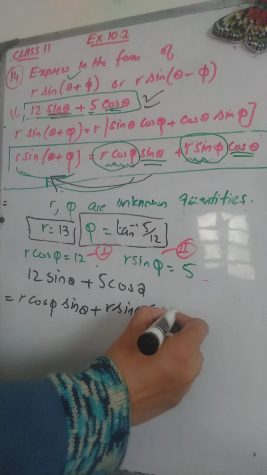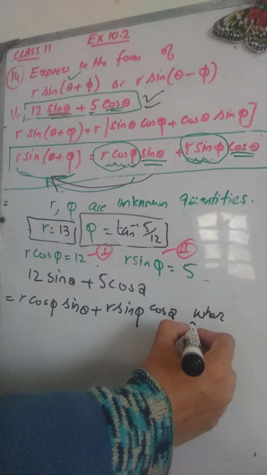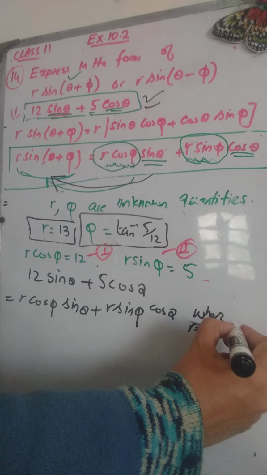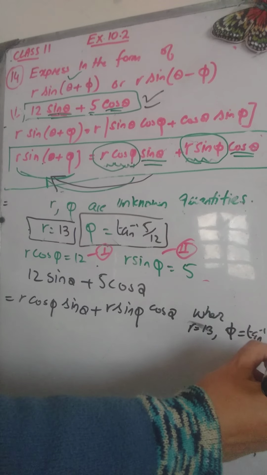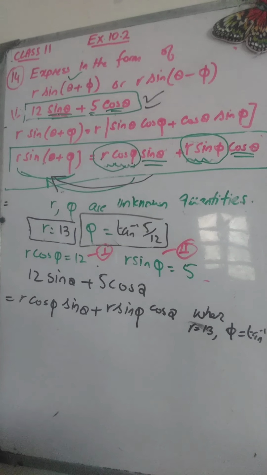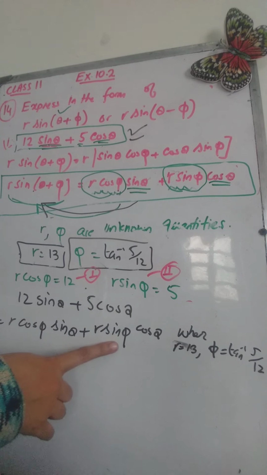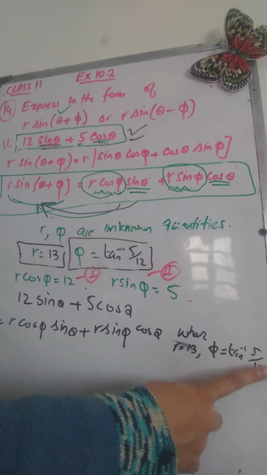Cos theta, where r is equal to 13 and phi equals tangent inverse of 5 by 12. So now 12 is equal to r cos of phi and 5 is equal to r sin phi, where r is equal to 13 and phi is equal to tangent inverse of 5 by 12.